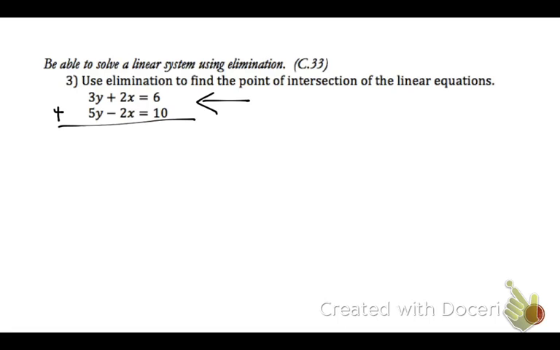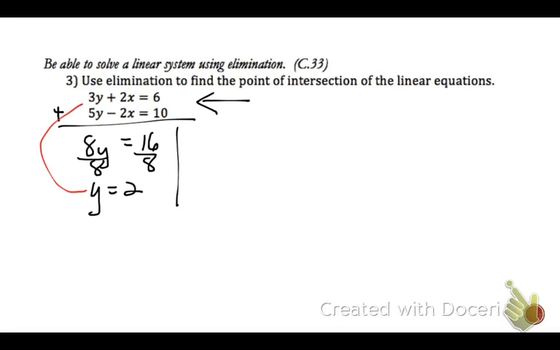So 3y plus 5y is 8y. 6 plus 10 is 16. Divide both sides by 8. So y equals 2. Then I'm going to choose either one of my original equations, and I am just choosing the first one, and I'm going to substitute. We do a little bit of substituting when we are using elimination.